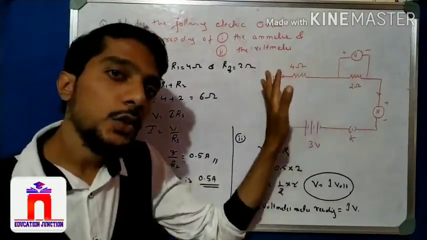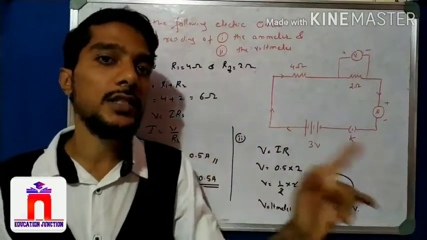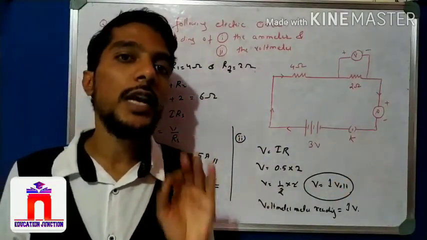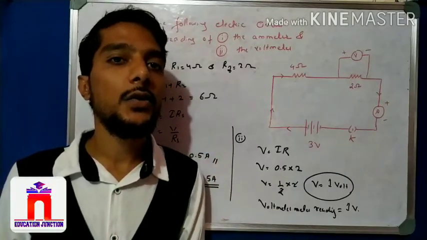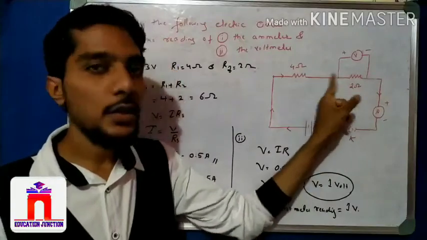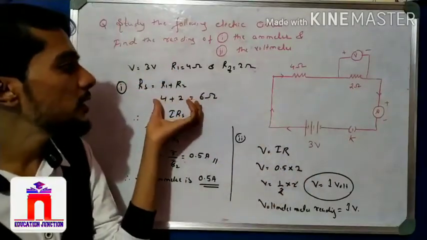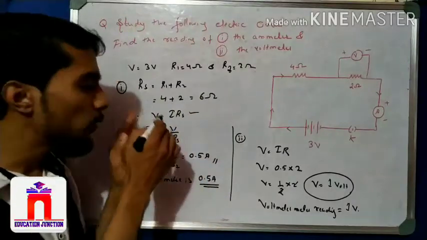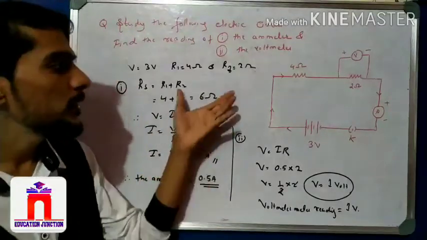If the resistances receive the same current, then there is a series connection. So here observe that the same current flows, so it is a series. For series, you have to add the resistances. Then simply by Ohm's law, you can calculate the voltage and the current using this series connection.